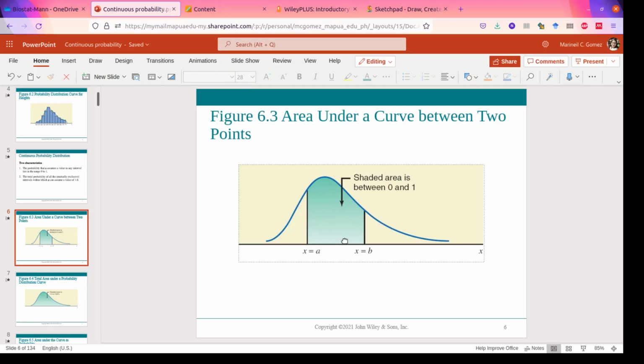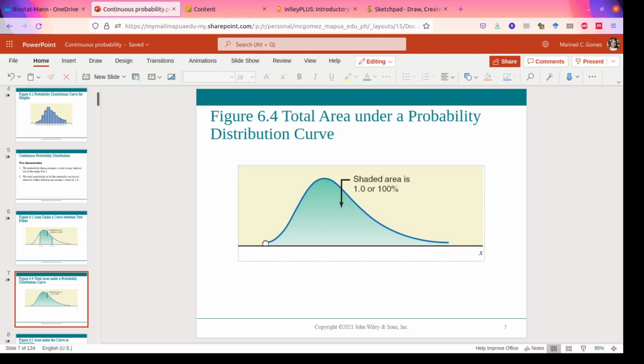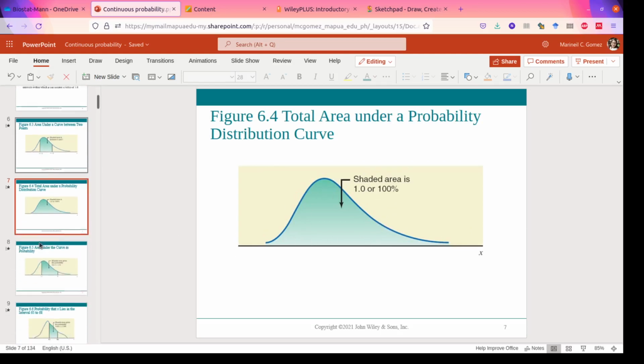Let's say the probability of a certain outcome happening between A and B is equal to the shaded area. If we take into account all of the possible probabilities, the total area beneath the curve is 1.0 or 100%. Our curve is asymptotic because it predicts all possible outcomes, so the total of everything is 100% or 1.0.